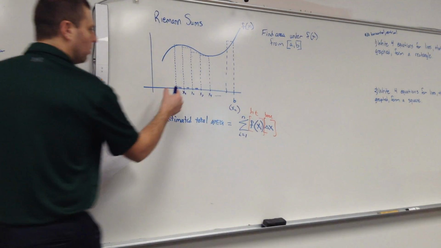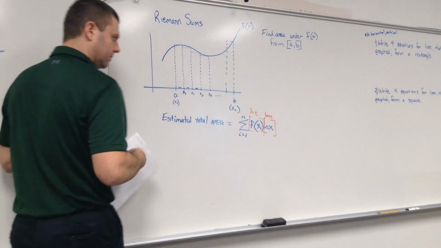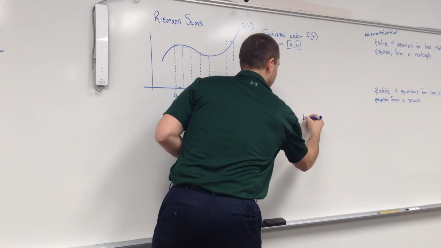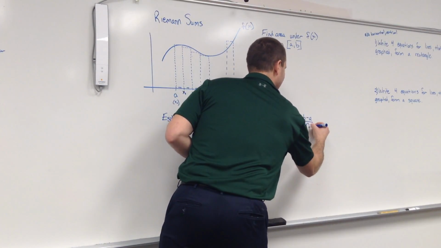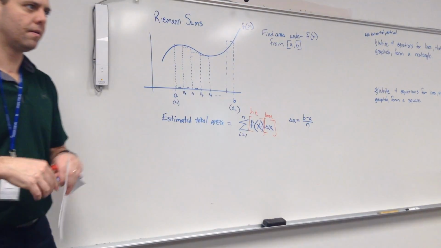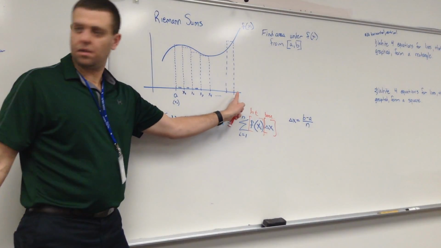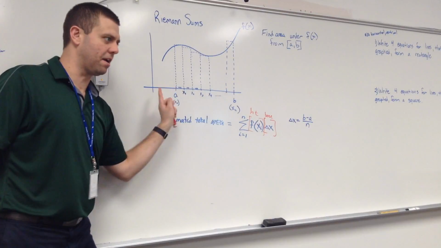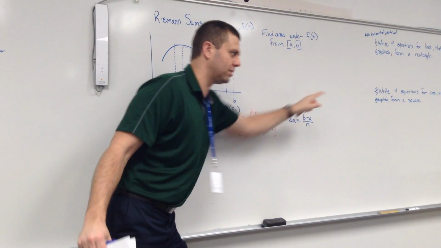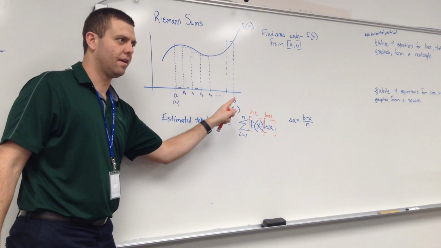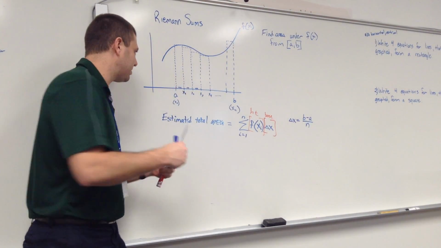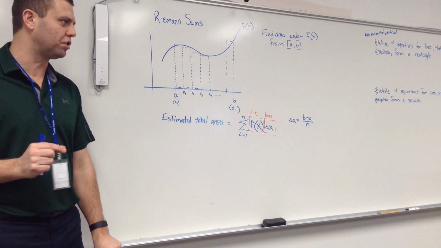Okay, so how long is each interval? Delta x would equal b minus a divided by n. Because whatever b is, minus a, that tells you how far apart b and a are, right? And I divide it by how many intervals there are, that would tell me how long each one of those intervals is.